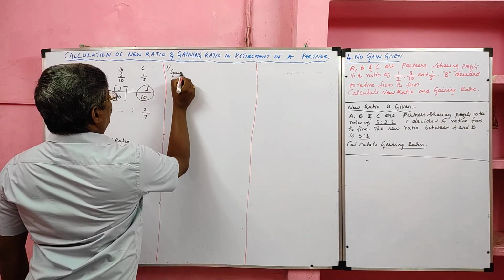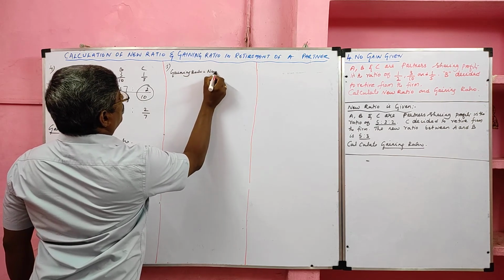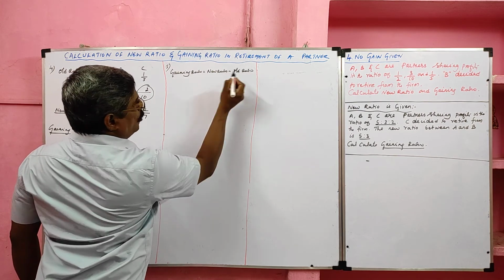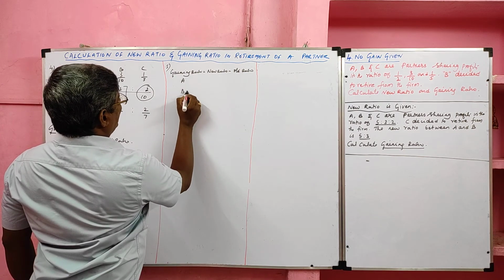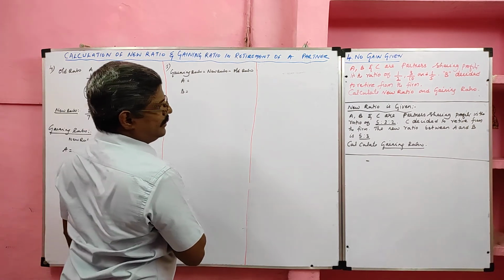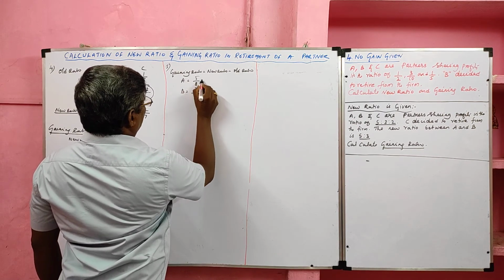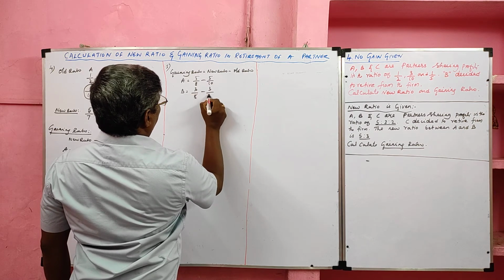So the gaining ratio formula, we know, is new ratio minus old ratio. Who gains? C retired, so A and B gain. New ratio 5 by 8, 3 by 8. Old ratio 5 by 10, 3 by 10.